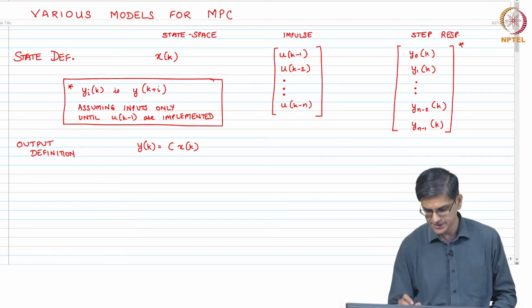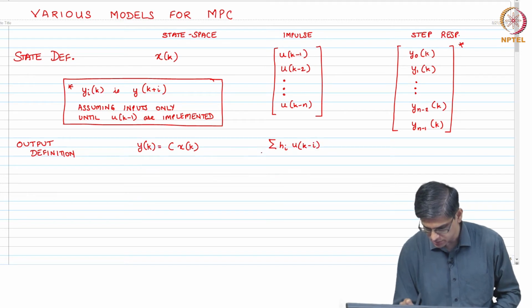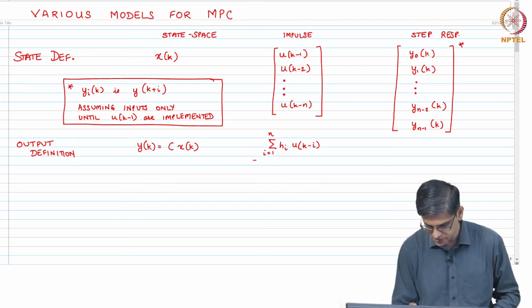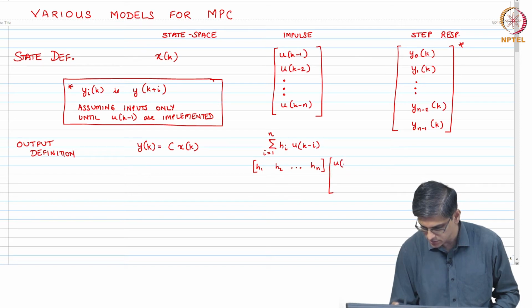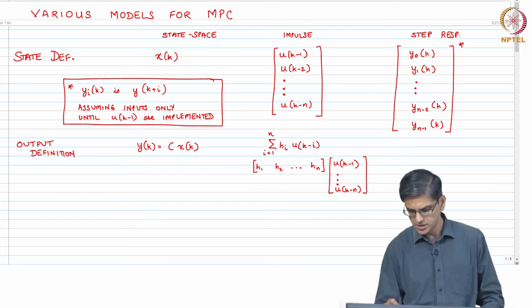The output in the case of the impulse response model is the summation of hi times uk minus i, for i equal to 1 to n, which is nothing but h1, h2 and so on up to hn multiplied by the state.